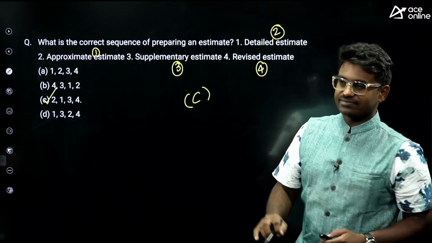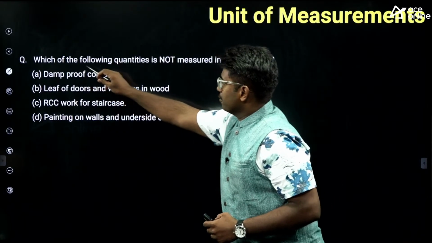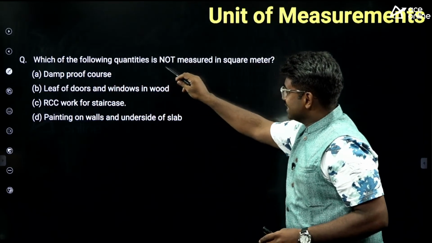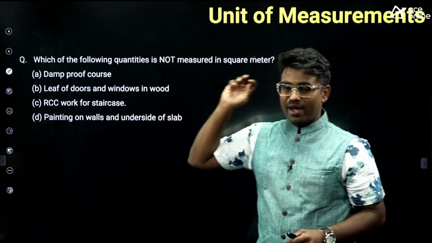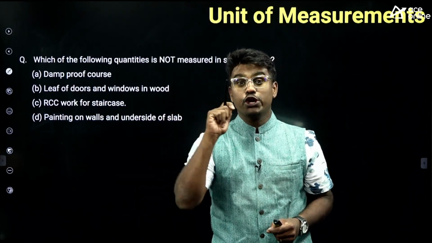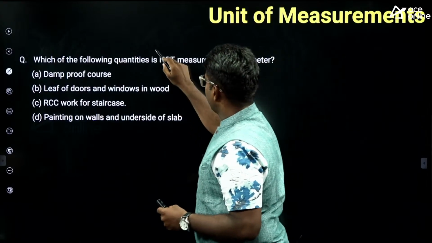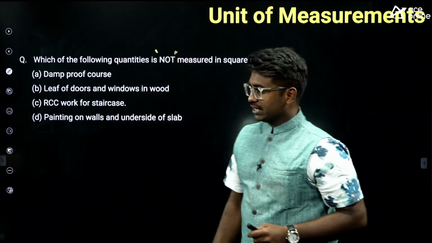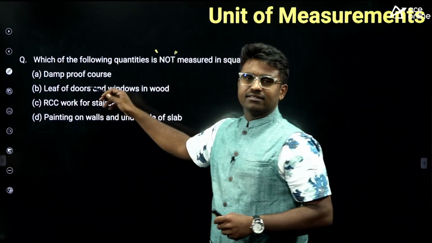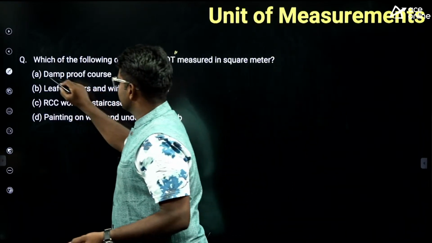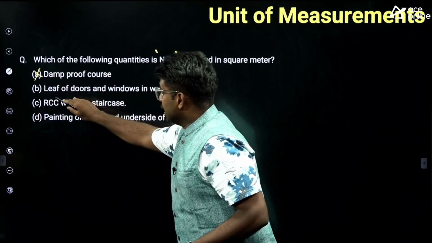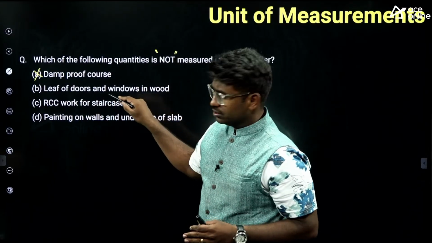Which of the following quantities is not measured in square meters? Not, guys, not measured in square meters. Let's check. DPC, obviously measured in square meters. Leaf of doors and windows.